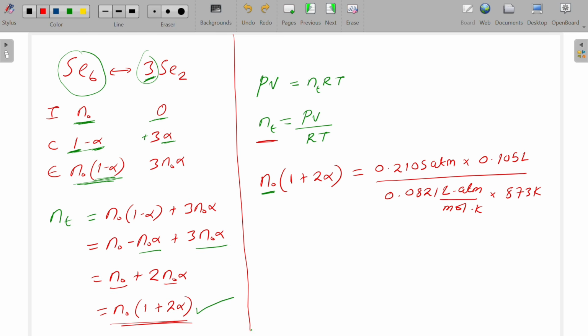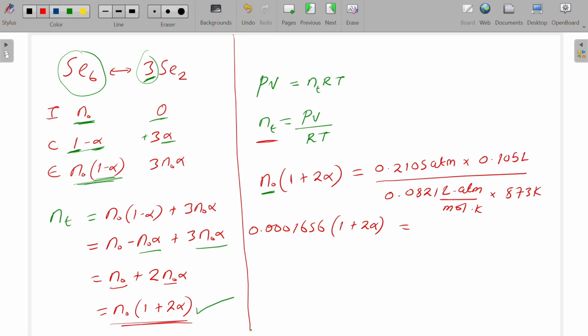Let me replace it from there so that we don't waste time. So we'll say the initial number of moles we got is 0.00016656, and this is going to multiply by 1 added to 2 alpha. Then this will be equated to what we get as we do the mathematics there. Let's see what we get when we punch our calculators.